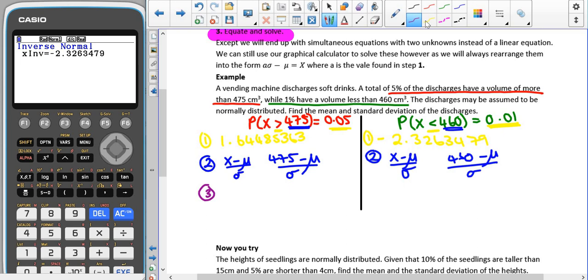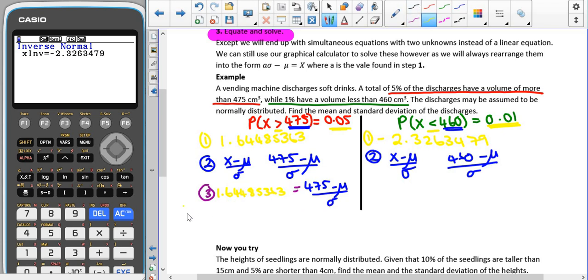So we're going to have 1.6448533 equals 475 minus mu over sigma. And like I said, we're always going to rearrange these in the same way. So we're always going to times by the sigma.